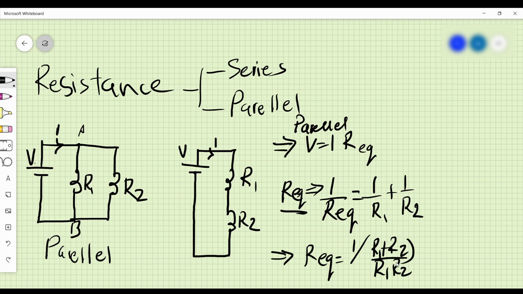You can write it this way, and that can be written as R equivalent equals R1 R2 upon R1 plus R2. So that's your R equivalent for parallel.